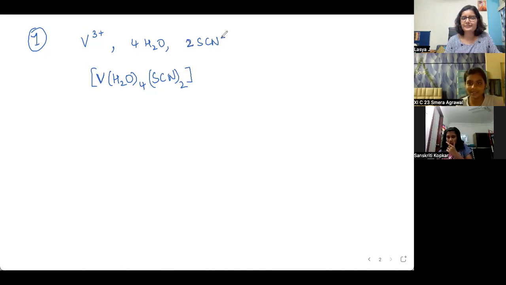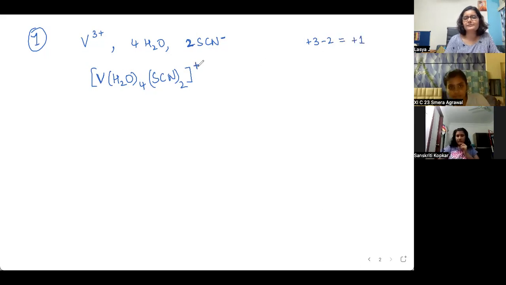There are 2 SCN, no? Yes, -1 each, so minus 2. I said +2, sorry. Vanadium has 3 plus. So +3 -2 will be plus 1. Yeah. So this is how you figure out the formula.